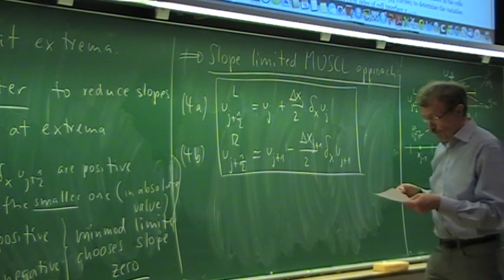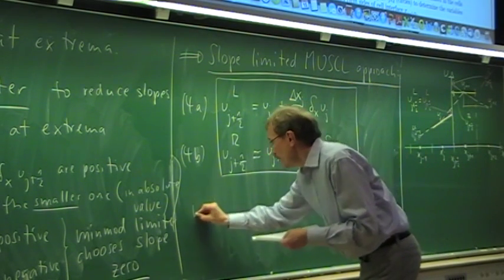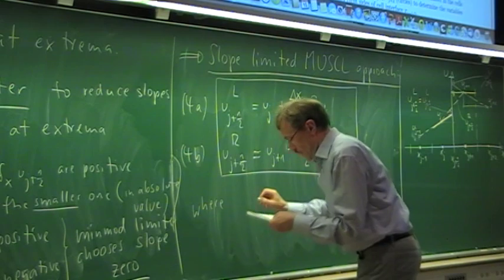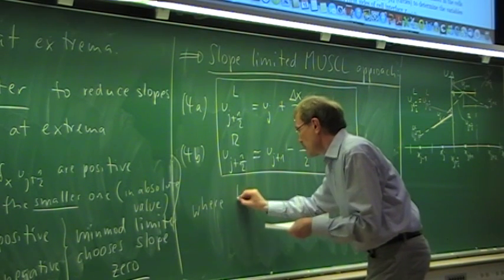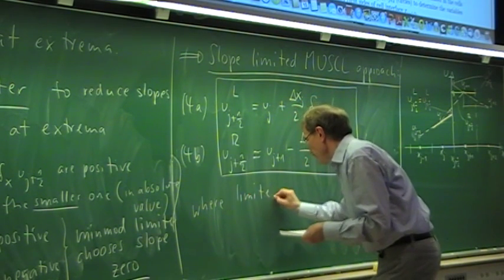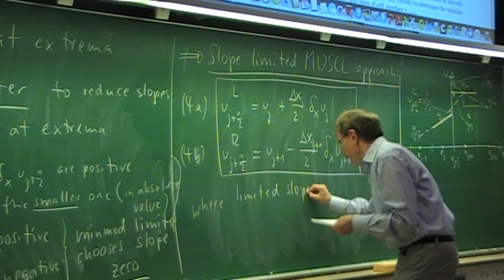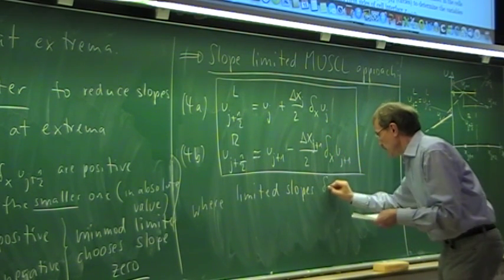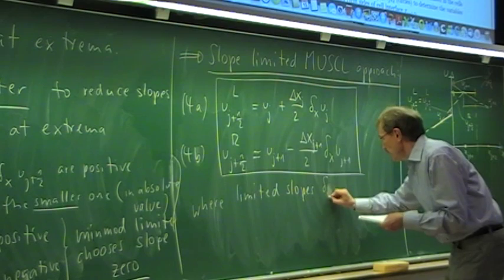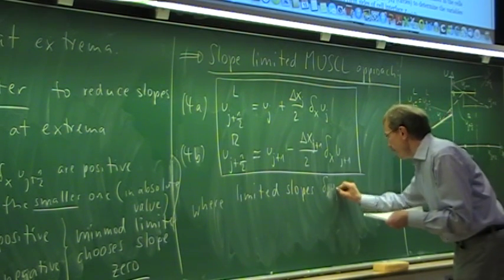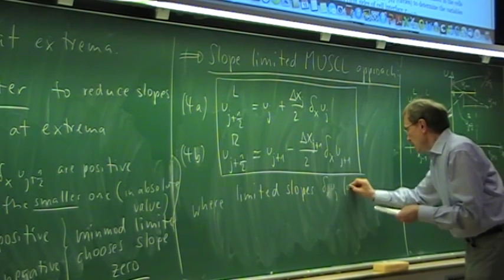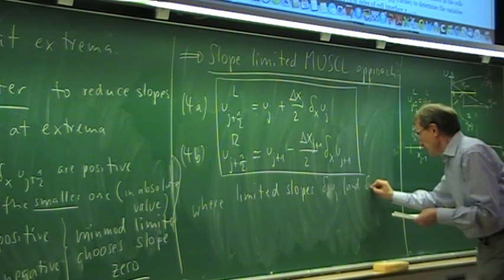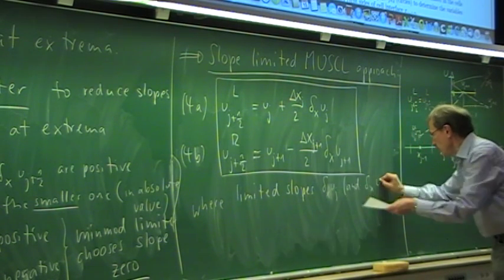And where the limited slopes, the delta x uj, we shall not focus on that, but once we know that, we also know the other one.